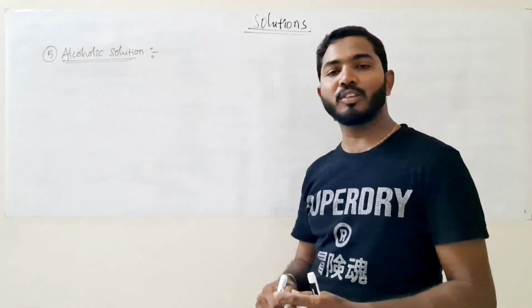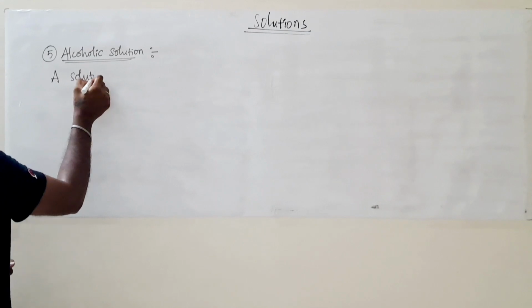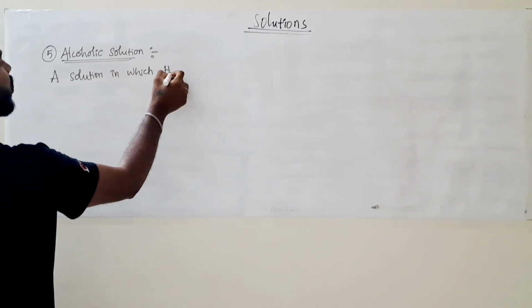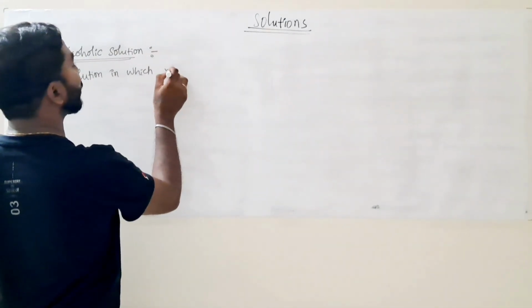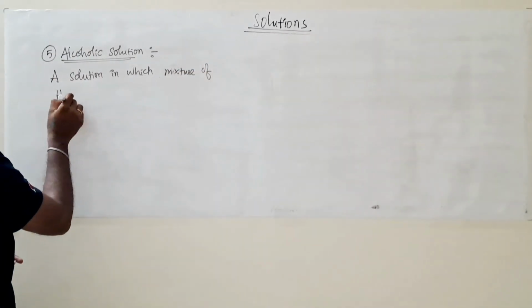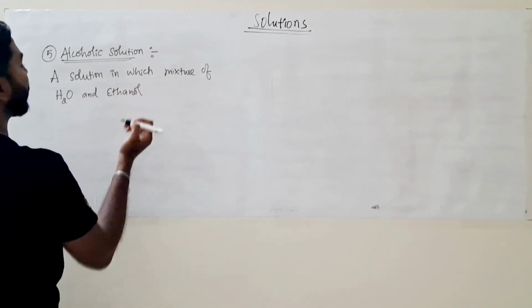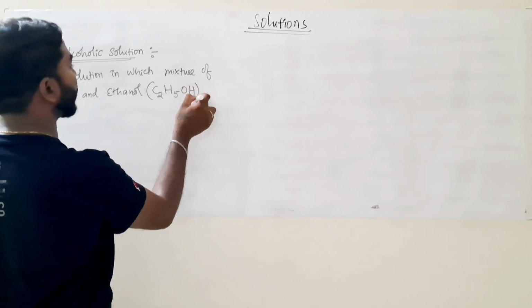Now an alcoholic solution is a solution in which a mixture of water and ethanol, which is an alcohol, is used. What is the formula of ethanol? C2H5OH.